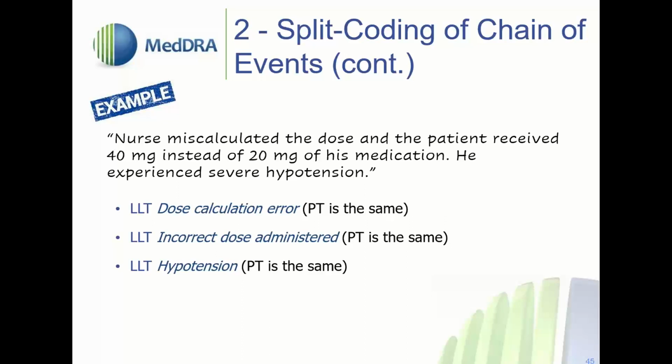Then the subsequent administration error with the LLT incorrect dose administered would also be captured. And then the resulting adverse event in the patient, the hypotension, would have to be captured. So it's a chain of events starting with the dose calculation error that led to an administration of an incorrect dose, and then finally to an adverse reaction in the patient, a hypotension.